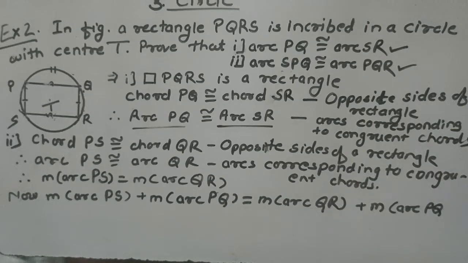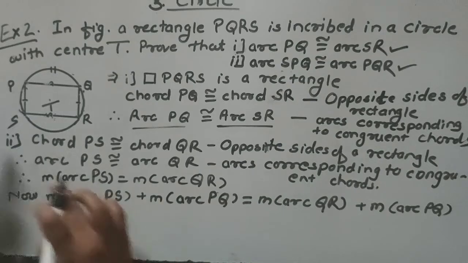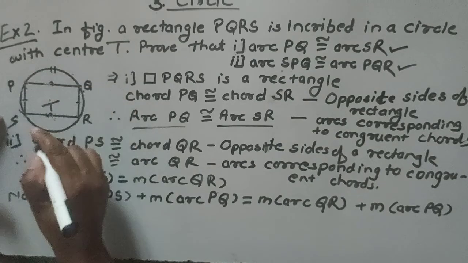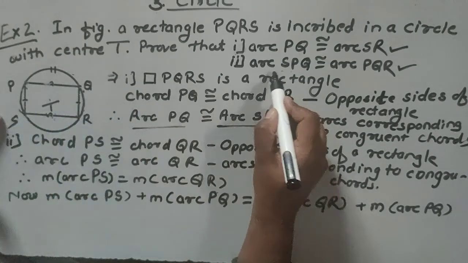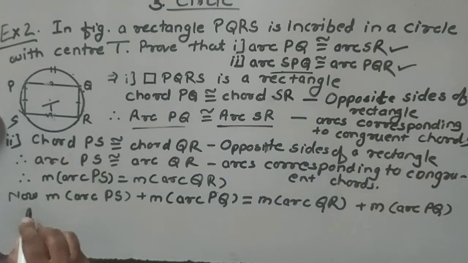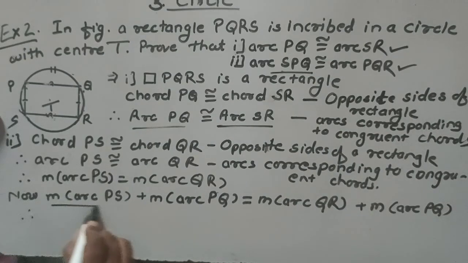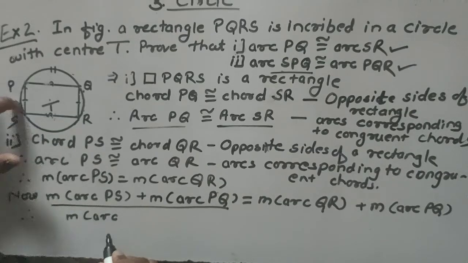Now after adding this, what we will notice is that SP plus PQ is equal to SPQ on this side. So we will write here: therefore, sum of these two arcs is equal to measure of arc SPQ.